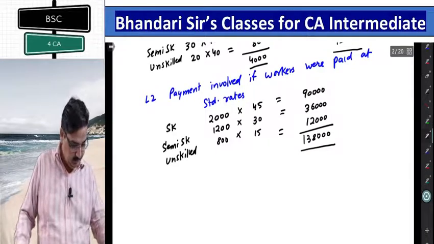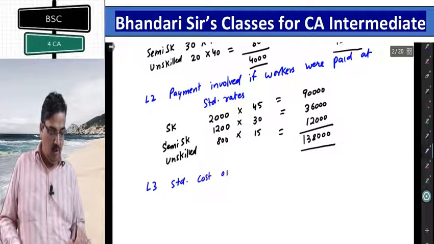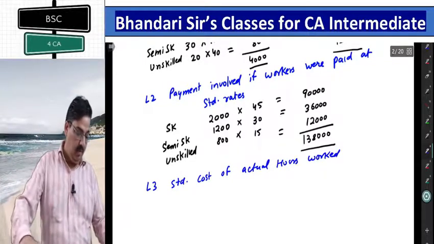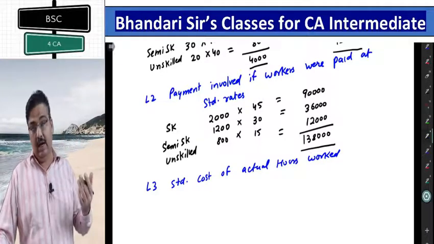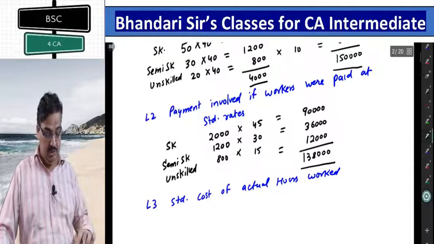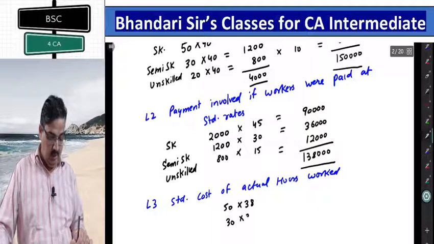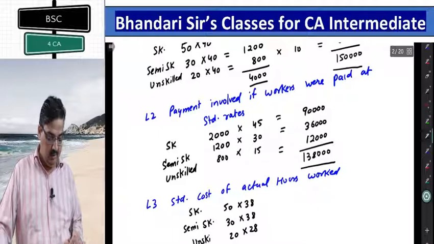L3 is the standard cost of actual hours worked. The question said there is abnormal idle time of 2 hours in the week. So instead of 40 hours, they have worked for 38 hours each. So 50 into 38, 30 into 38, 20 into 38, for skilled, semi-skilled, unskilled.